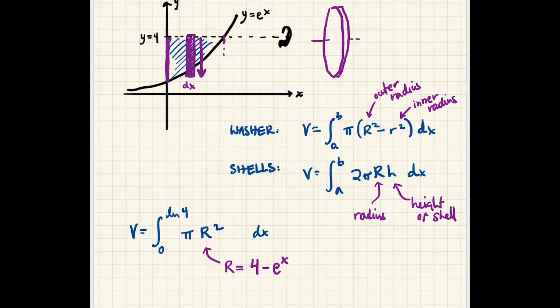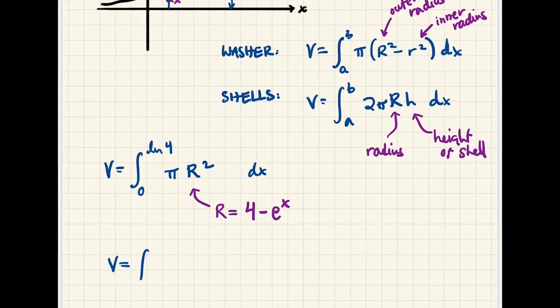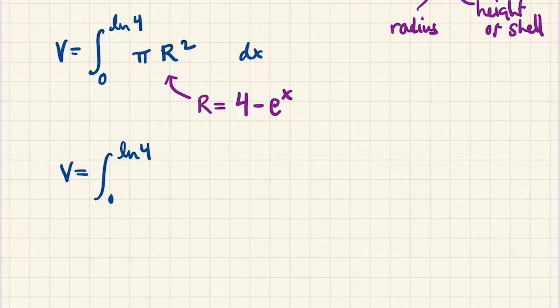Okay, so it's 4, which is this entire distance here, minus the height of the function. So that would be 4 minus e to the x. So our total setup would be 0 to ln 4, pi times 4 minus e to the x, quantity squared.